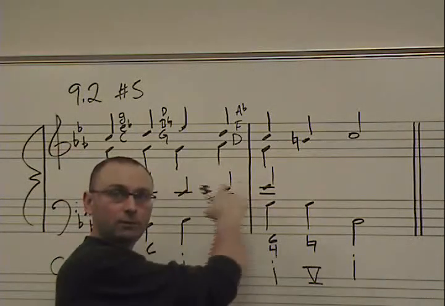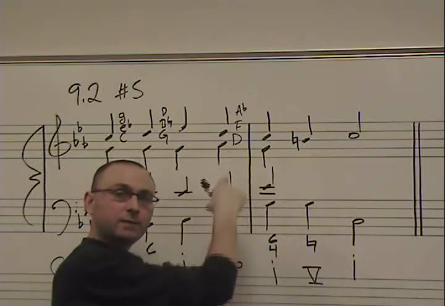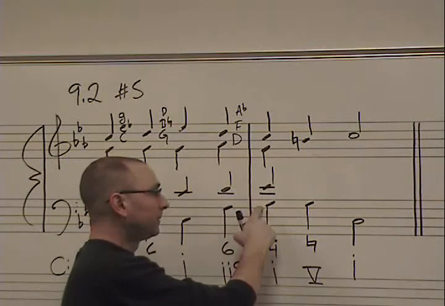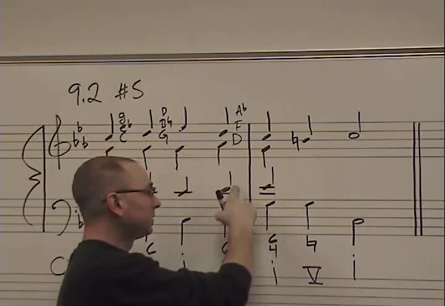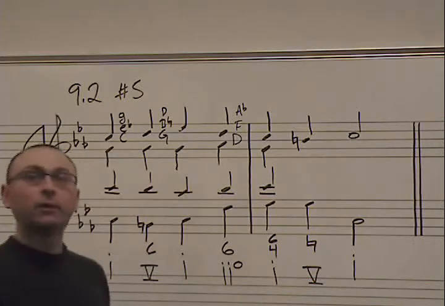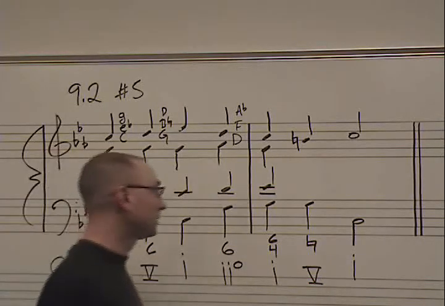I'm seeing parallel motion between the bass and the tenor, but it's acceptable parallel motion. We have a sixth here and a sixth here. Parallel sixths are okay between two voices.